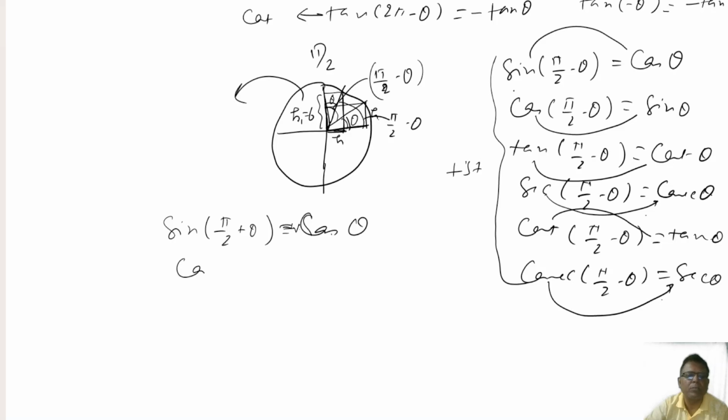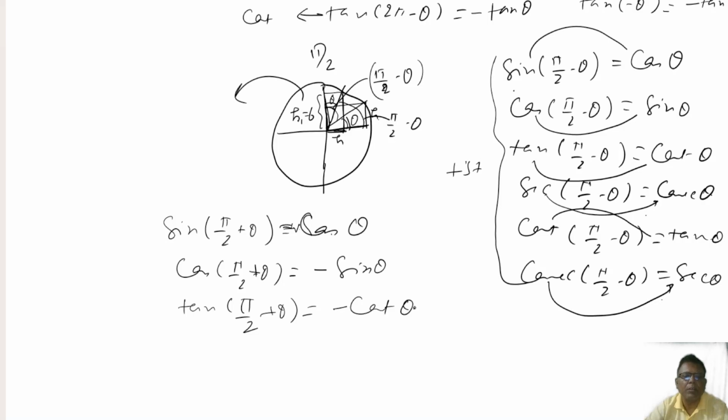And cos pi by 2 plus theta is equal to minus sine theta, because cos is negative in this quadrant. Tan pi by 2 plus theta is equal to minus cot theta. Cot pi by 2 plus theta is equal to minus tan theta.